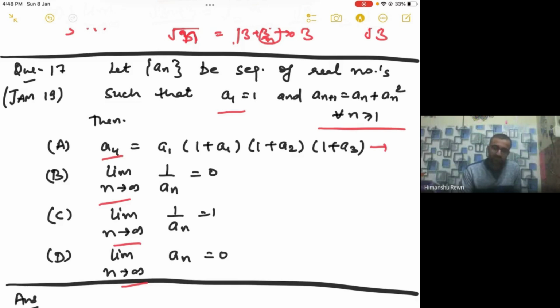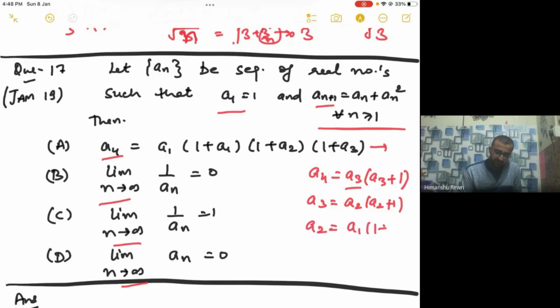This one is easy to prove simply by putting n equal to 3 in this, then find A3. A3 is the same as A2 into A2 plus 1, and A2 is the same as A1 into 1 plus A1. Substitute these values of A2 and A3, and you will see that option A is correct.